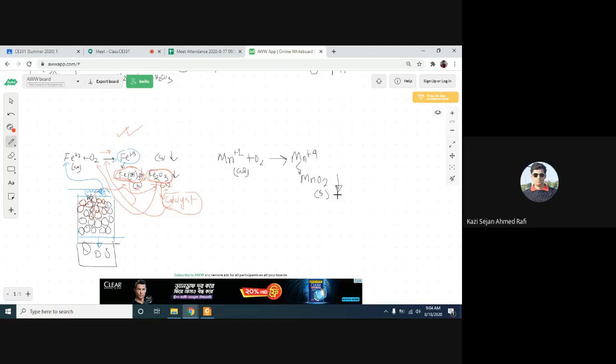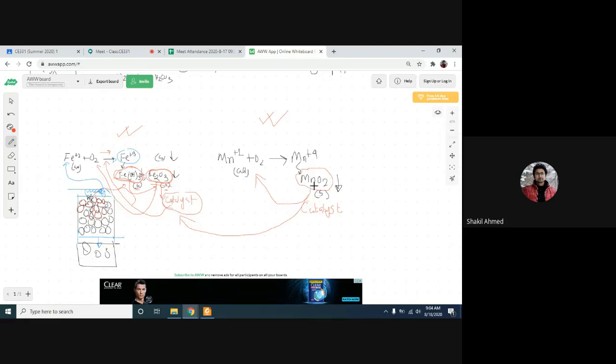In manganese oxidation, this manganese oxide, this is solid, they act as catalyst for this reaction. And this manganese oxide can also act as a catalyst here also. Okay? They can act as a positive catalyst, of course, in this reaction also.